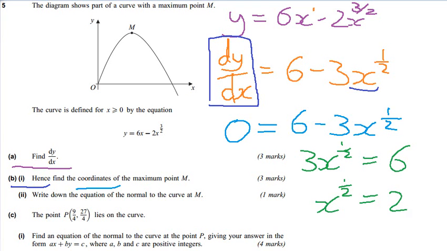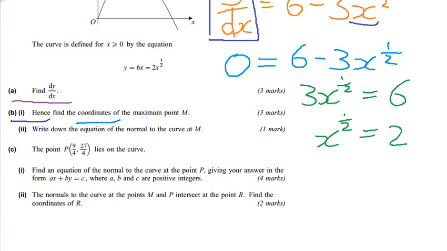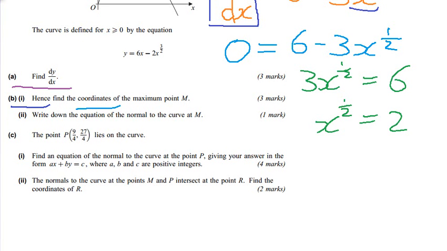Now x to the half, little indices rule here. X to the half is the same as the square root of x. That's exactly the same. So the square root of x is 2. So if the square root of x is 2, then x is going to be 4. X is going to be equal to 4.